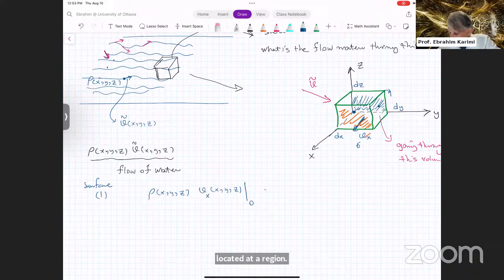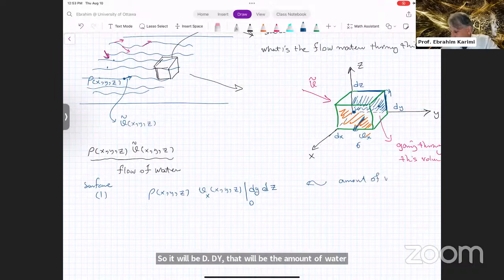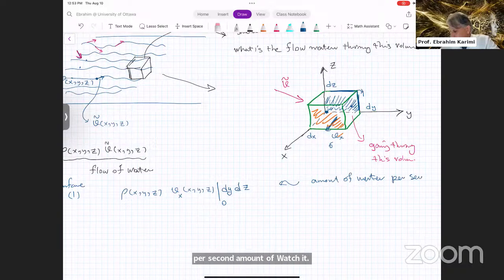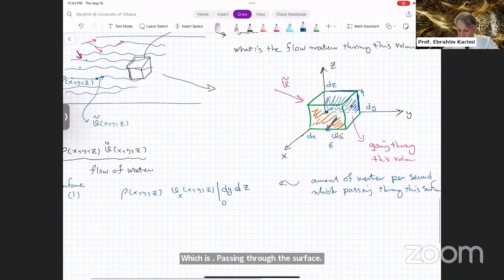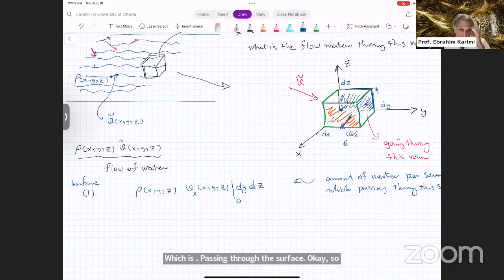The surface area has length dz and this one is dy, so it will be dz dy. That will be the amount of water per second which is passing through this surface. Okay, so essentially that's the water that is passing through this.